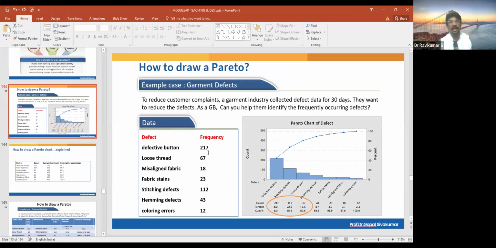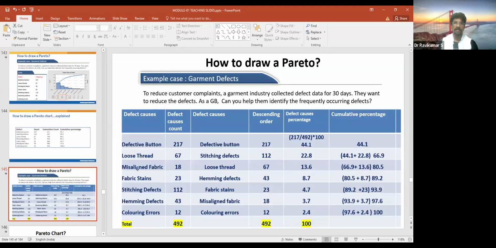So imagine, let us say every garment costs 1,000 rupees. What is the loss for the concern for a month? It is 492,000, right? So ultimately, it comes around 5 lakhs per month.